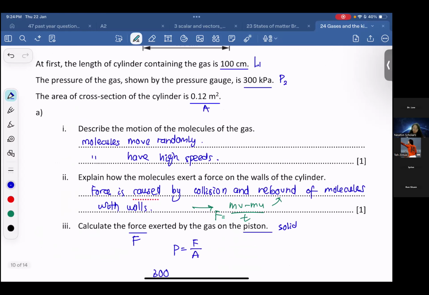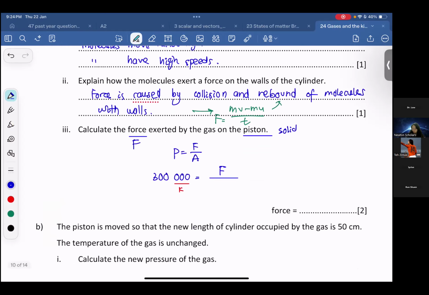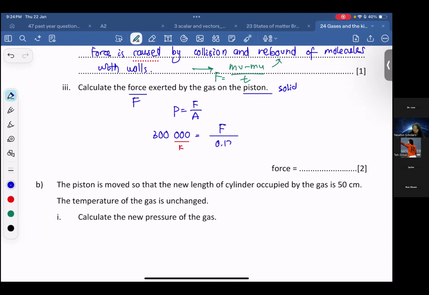Dear physics students, do not forget about the prefix. It's also a value. Kilo means 1000. Equals the force divided by area. Area is provided, 0.12. What is your force? Force here should be 36,000 Newton.